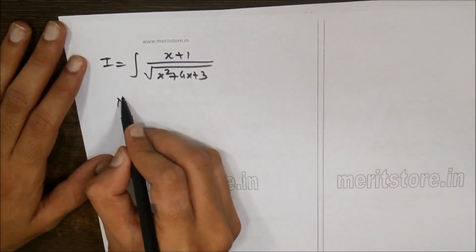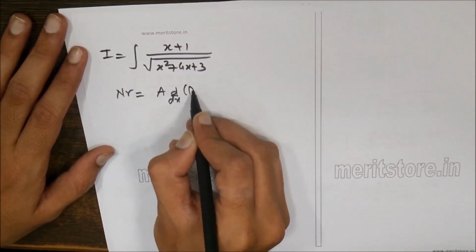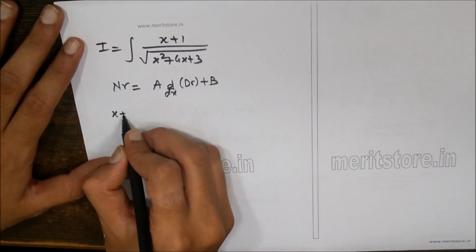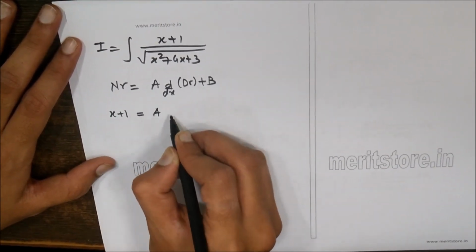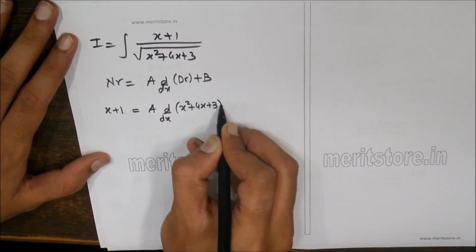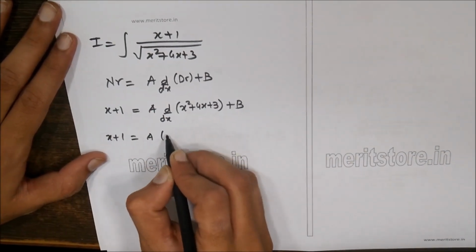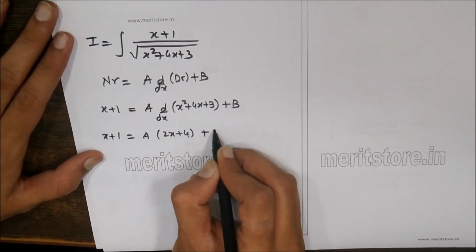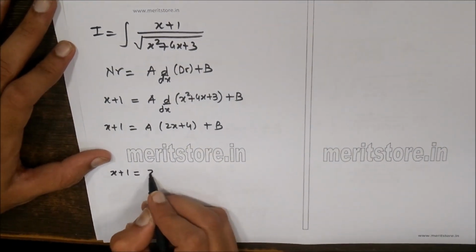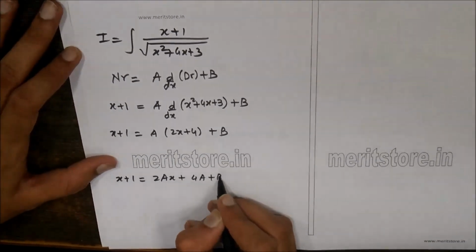We are going to write the numerator as a times derivative of the denominator plus b. So x plus 1 equals a times derivative of x square plus 4x plus 3, plus b. x plus 1 equals a times 2x plus 4 plus b. x plus 1 equals 2a x plus 4a plus b.